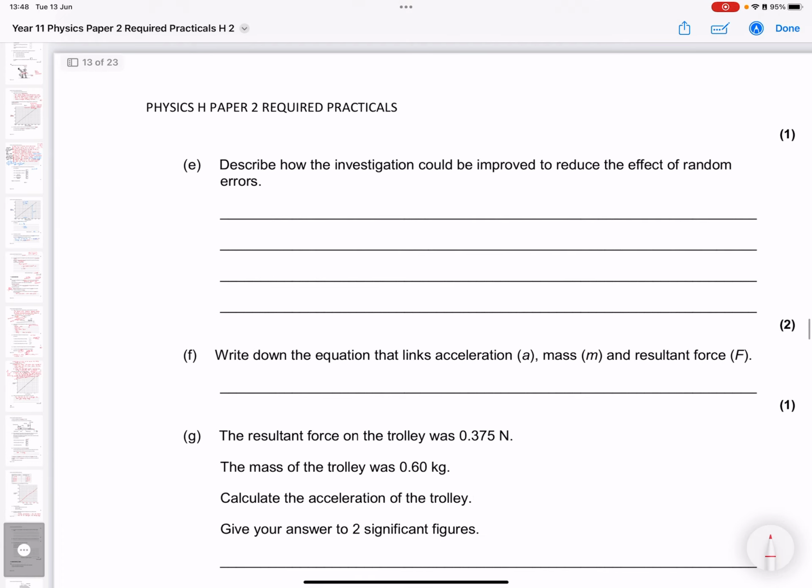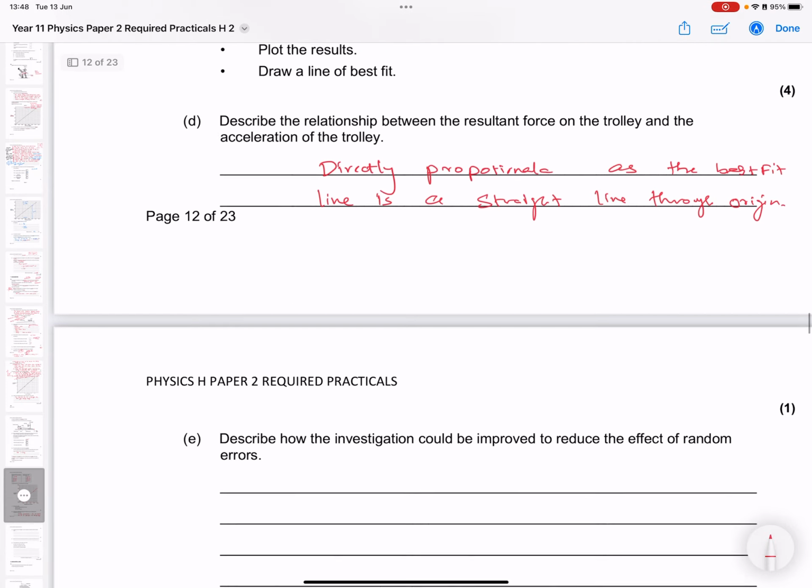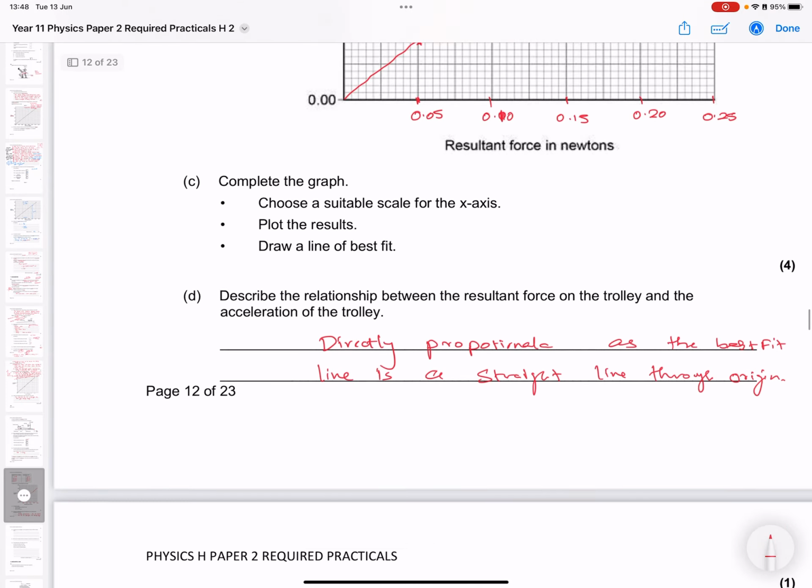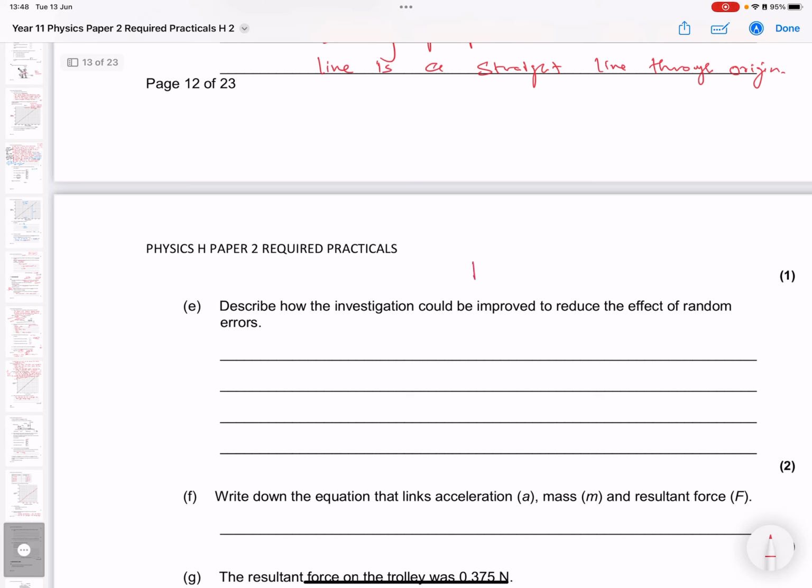Okay, describe how the investigation could be improved to reduce the effect of random error. So for random error, we can do repeats in order to reduce the random error. What they can do is repeat, find the anomaly, and find a mean.